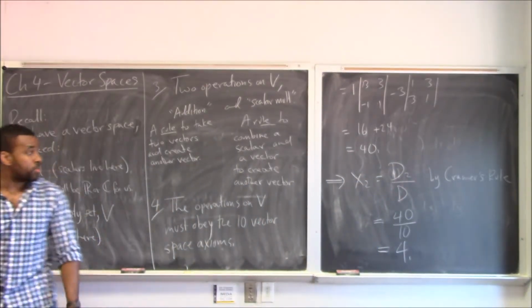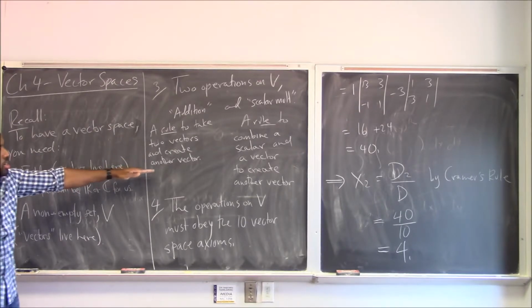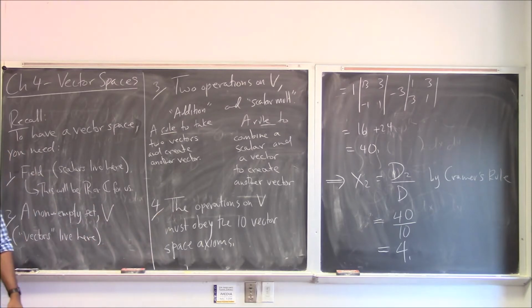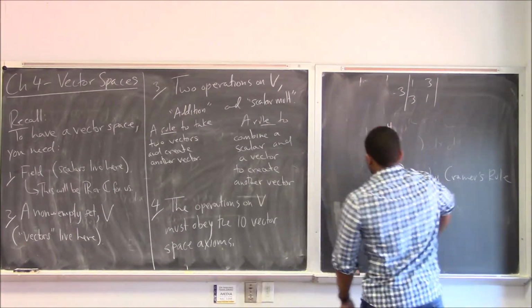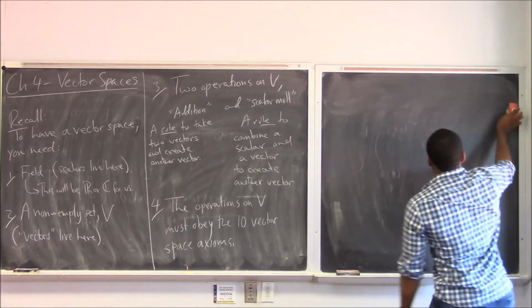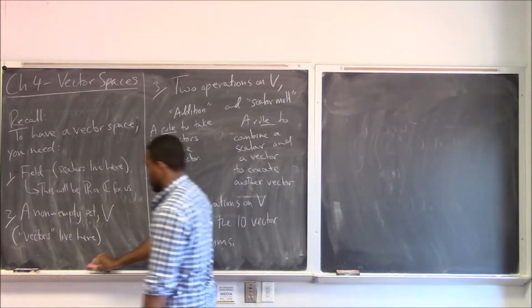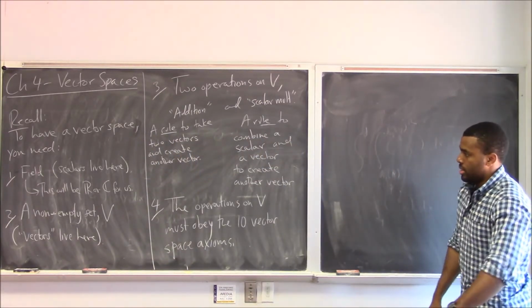Now, if one of the things that you set up in steps 1 through 3 causes something down here not to work, it's not a vector space. And we looked at several examples last time. We're going to look at a couple more, and then we'll talk about subspaces and how to identify those.